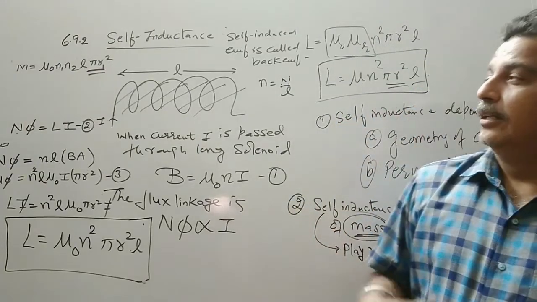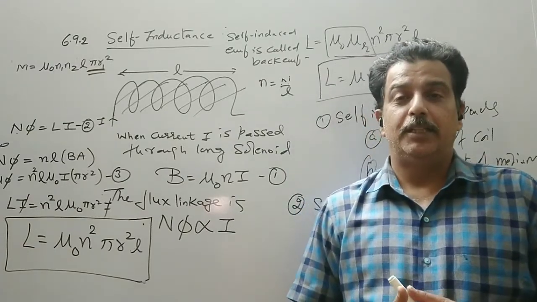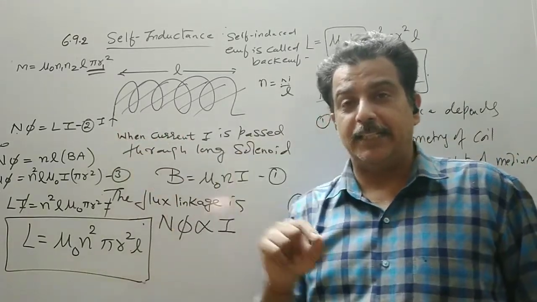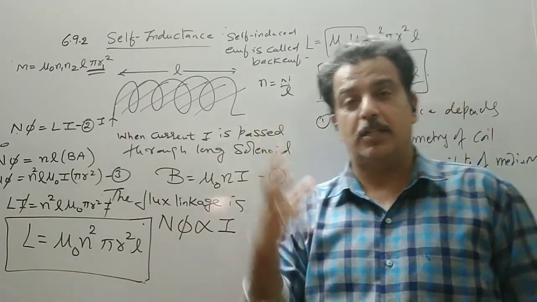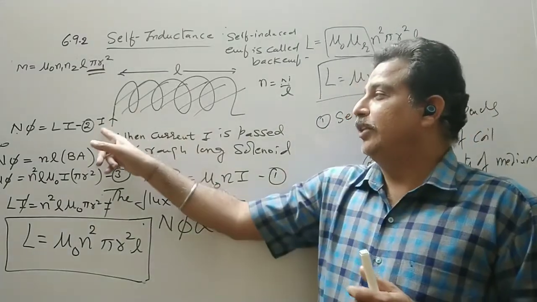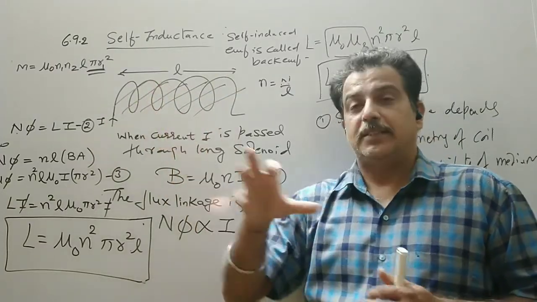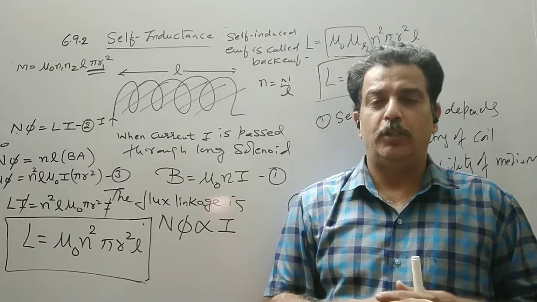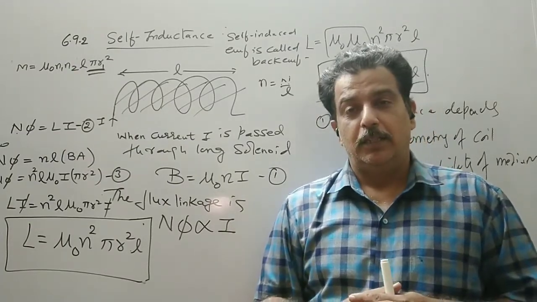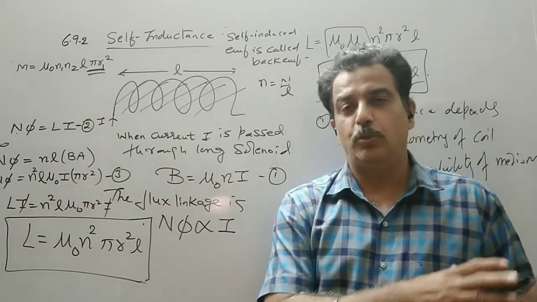In the coming lecture we will see how much work is required to establish the current. Now remember this concluding note about inductance. Whenever I try to set up the current I in the solenoid or in any coil, the inductance will come into the picture, similar to friction or inertia.